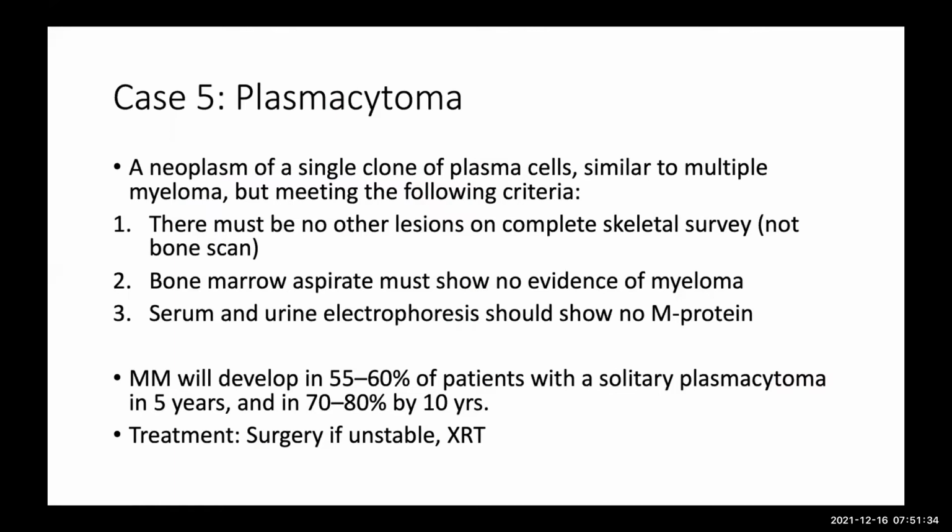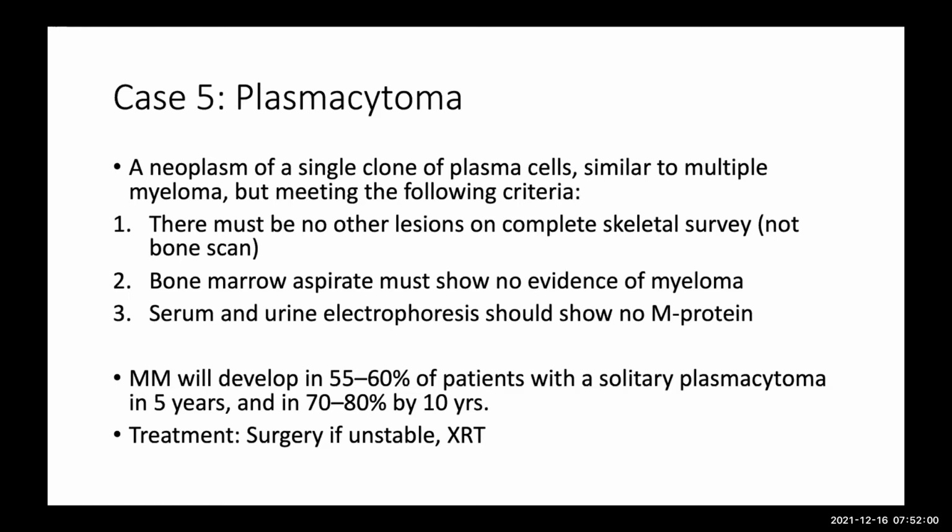So a plasmacytoma is a neoplasm of clonal plasma cells, so plasmacytoid looking cells. And it is similar or maybe even a precursor to multiple myeloma, but it has to meet the following criteria. There cannot be any other bone lesions on a complete skeletal survey. The bone marrow aspirate, which the patient had, has to show no evidence of myeloma.